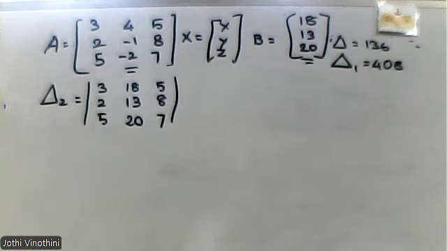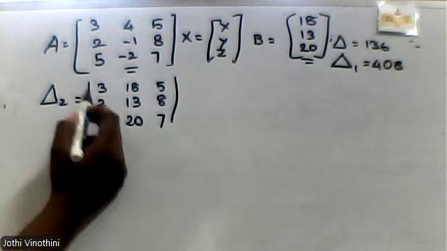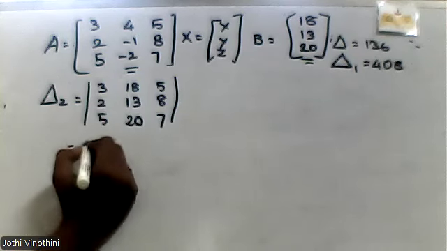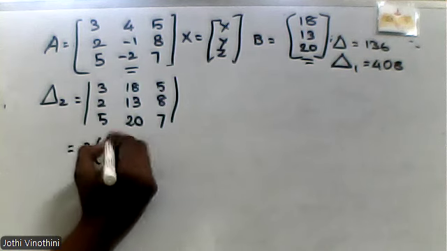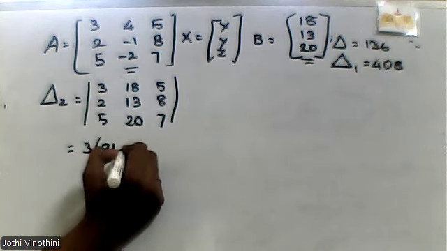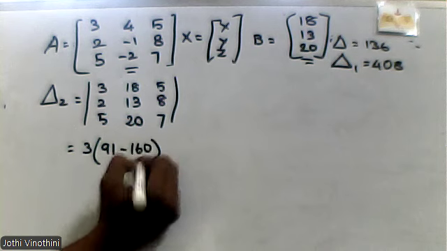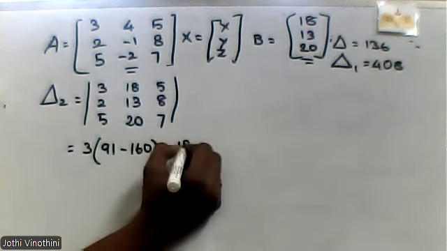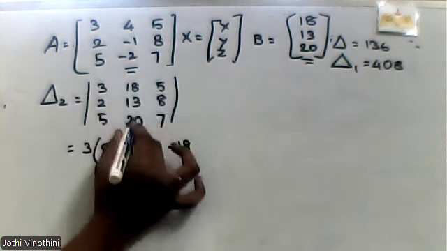So shall we start to solve? We are going to solve this using row 1. Okay? Okay. So which equals 3 multiplied by 13 sevens are 91 minus 160. Clear? Clear. Minus 18. Now I am doing this, so I will leave this one.